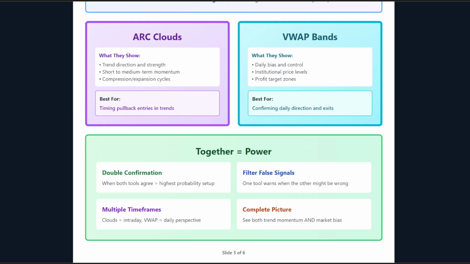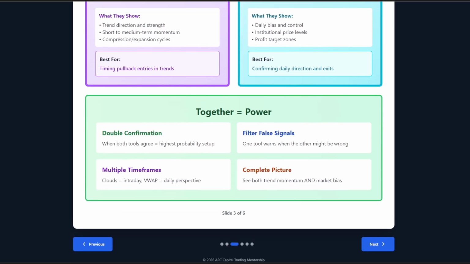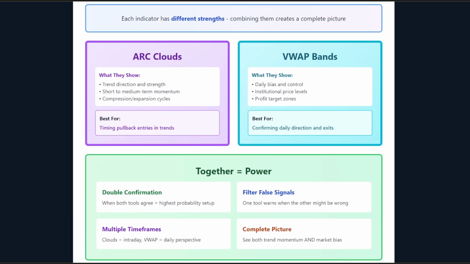Multiple time frames: the cloud is an intraday moving study, right? It's an intraday moving EMA that we use, while Vwap gives you those daily volume levels where it's more of a daily perspective, right? The complete picture, you see both trend momentum and daily market bias when you combine the both. And I was saying earlier in class, guys, when VIX was trading over 21, when the clouds were still consolidating, guys, right?